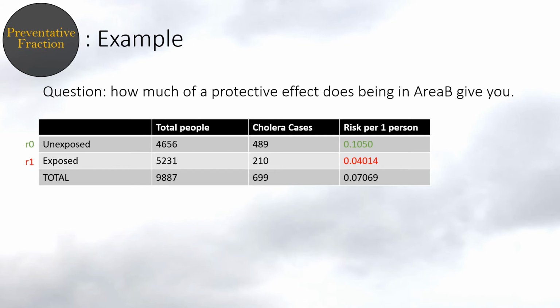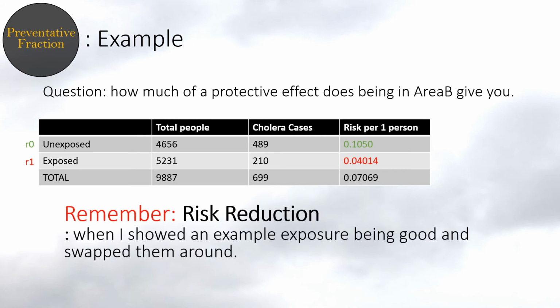So 0.04 to 0.1. Now, you'll remember I did exactly the same thing in risk reduction when I showed an example of the exposure being the good thing.